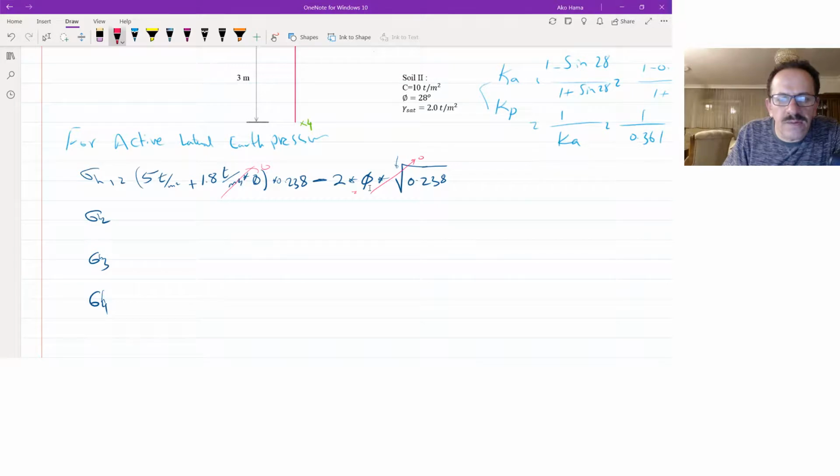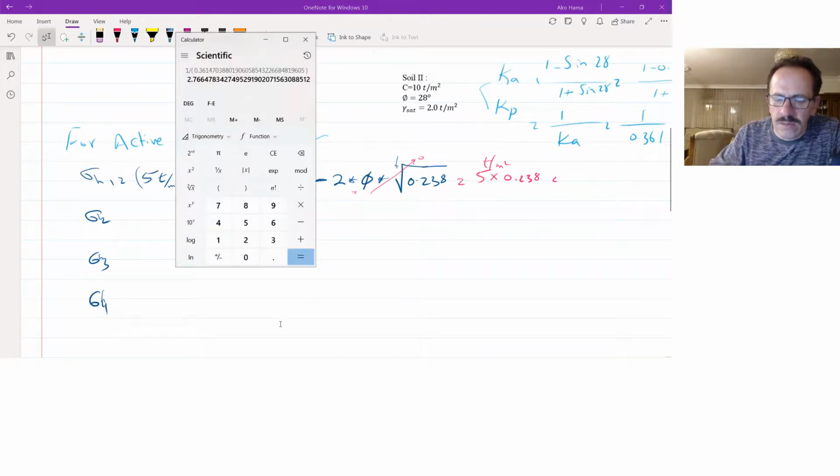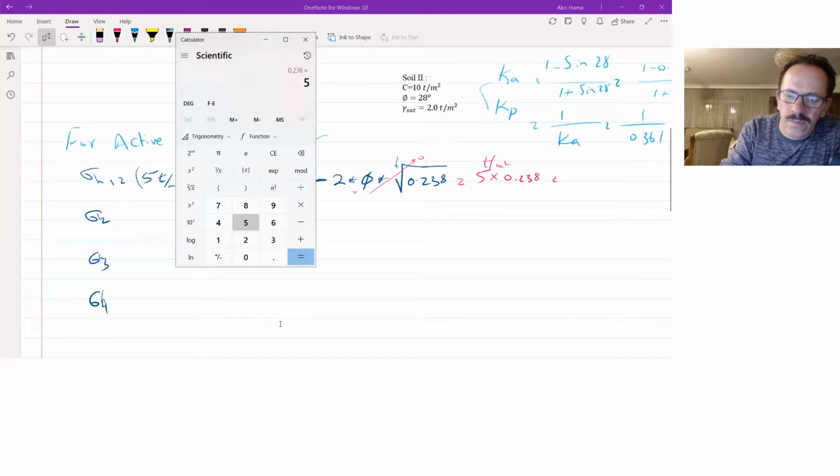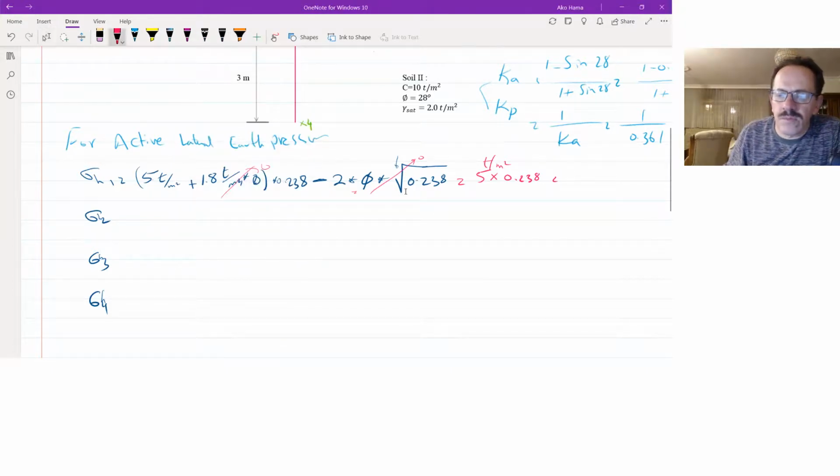We have only 5 ton per meter square times 0.238, and the result is 1.19 ton per meter square.